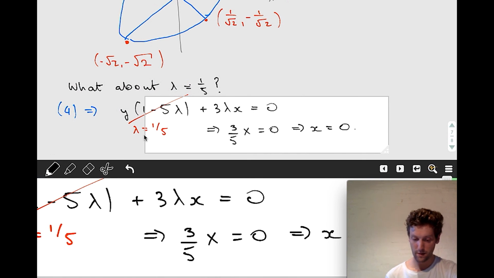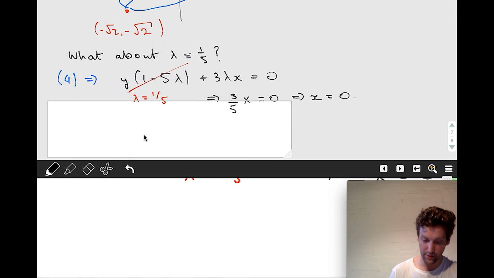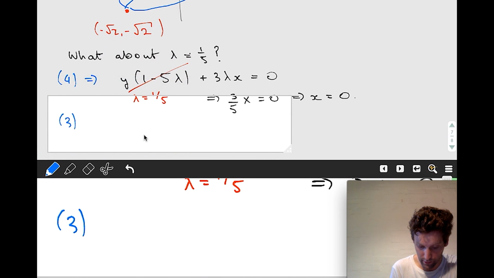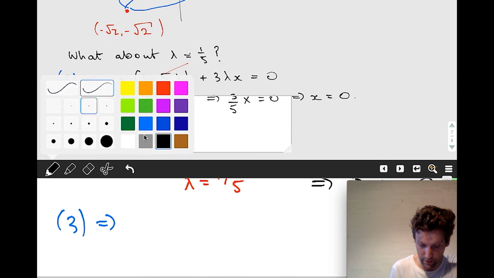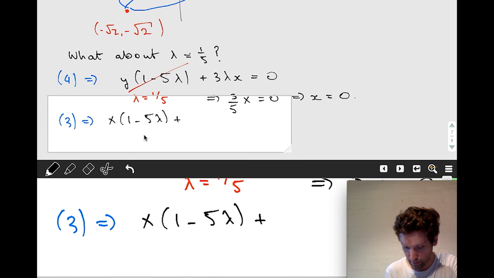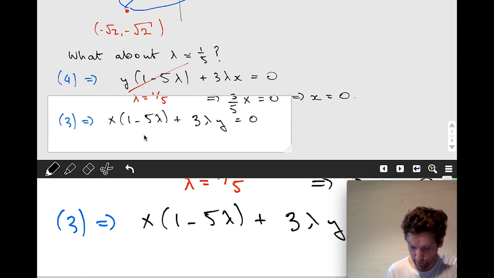Okay. Let's also look at what would happen if I substituted that into expression 3. So expression 3 was x times 1 minus 5 lambda plus 3 times lambda y equals to 0.